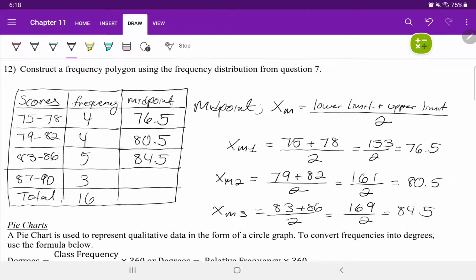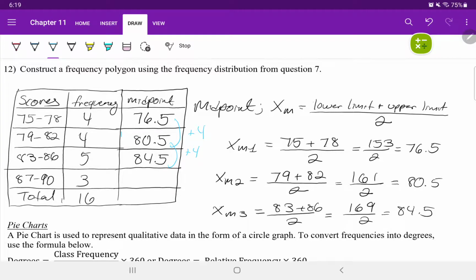If you look at the midpoints, each midpoint is increasing by 4. 76.5 plus 4 is 80.5. Plus 4 again, 84.5.